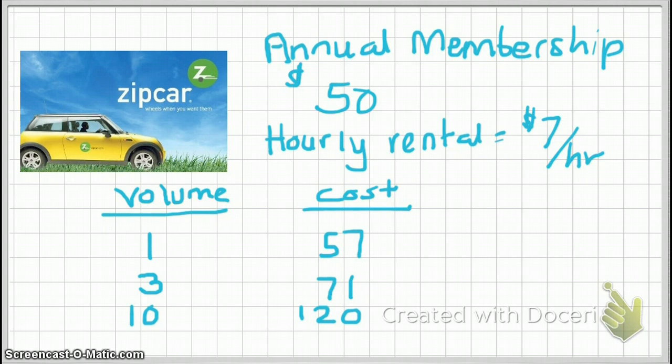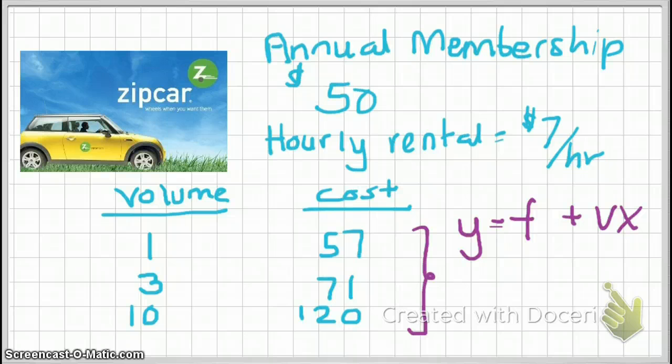You will pay $120, which is 7 times 10, $70, plus $50, which comes up to $120. We can use our cost equation, y = Vx + f, to predict our total cost at different volumes. So y would be the cost, f would be your fixed cost, which would be the $50 annual membership, V would be your variable cost per unit, which is your $7 per hour, and x would be your volume.